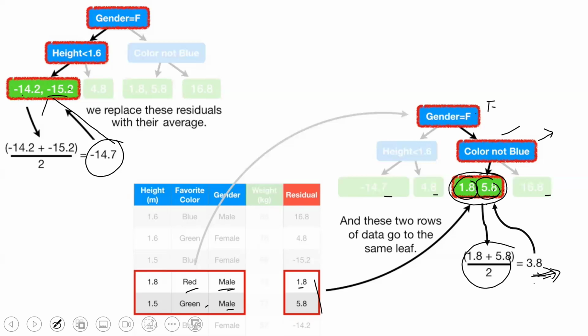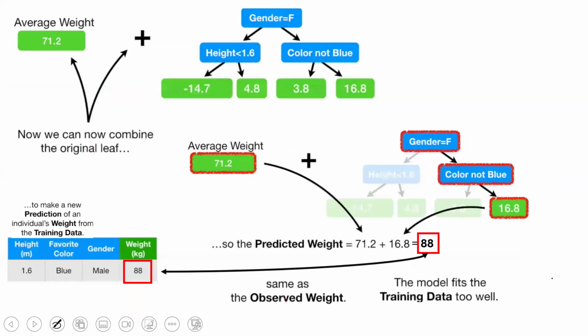If it has 3 values, you take the summation of all 3 divided by the number of residuals in that leaf, and you replace that leaf with that average value. So now you have that tree constructed. This is the average weight, the initial prediction that we made, which is the leaf, and this is the new tree that we have constructed by using the residuals.